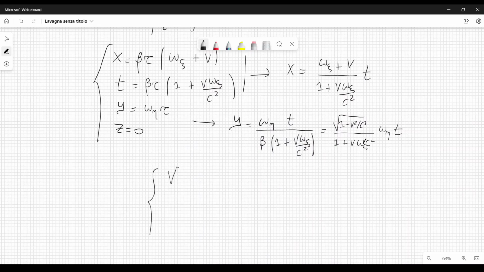Now we set the following equalities. We have capital V squared, this is a definition, capital V squared is equal to dx over dt squared plus dy over dt squared, and capital V is simply the velocity of the point with respect to the system uppercase K. And this is what we want to find.